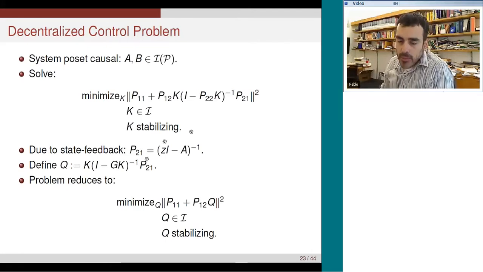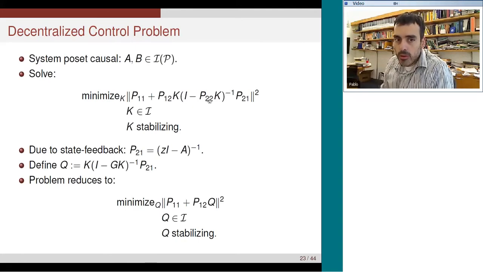And what that implies in this case is that this term P21 has this form. This allows me to define a new parameter Q, which won't be just like before. If you remember, in the general case I defined my parameter to be just K times (I minus GK) inverse. But here I'm going to define it to include this P21 term. So my parameter Q now includes this P21 term.